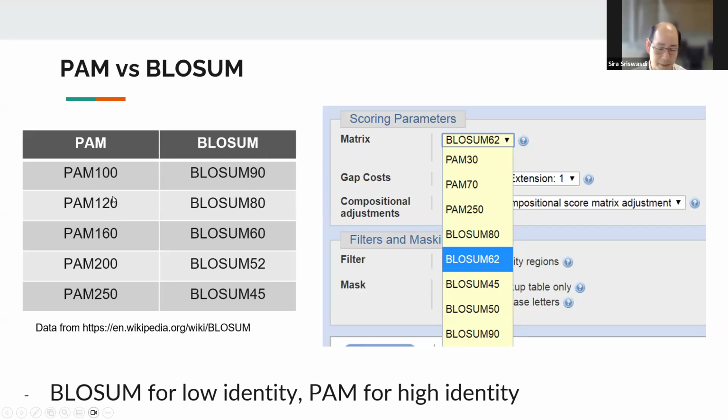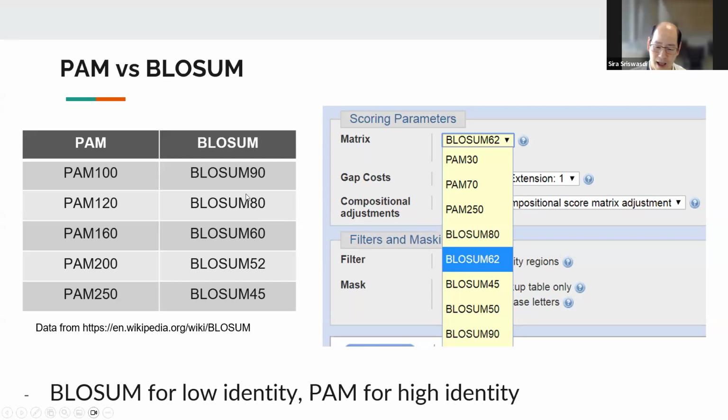If you further mimic the evolution for another 20 times, you get something similar to an 80% conservation. 160 times, you get something similar to a 60% conservation. So the more and more evolution you apply, the less and less conservation you get. So PAM is good if you have high sequence identity between your input and the database, because you are mimicking short-term evolution.